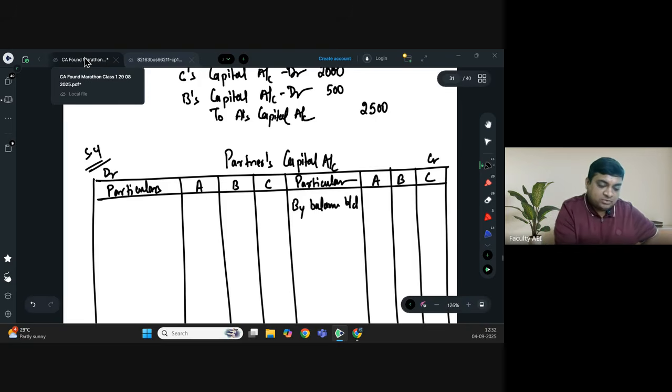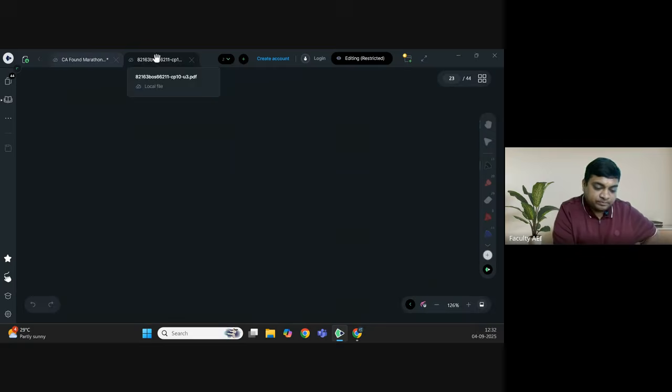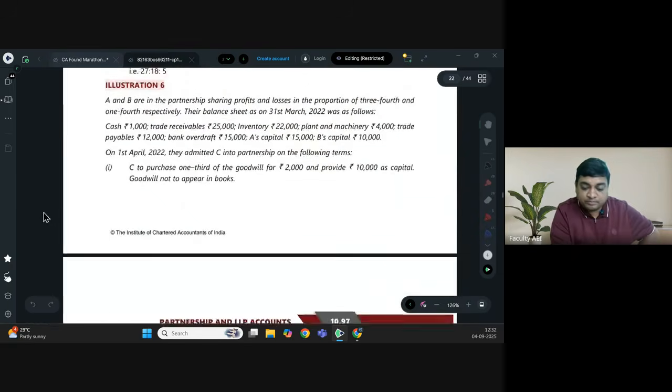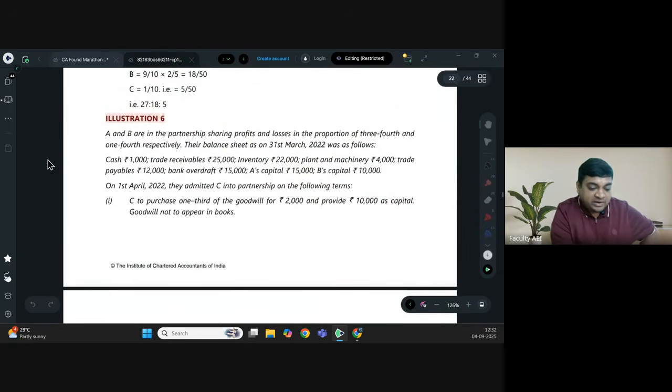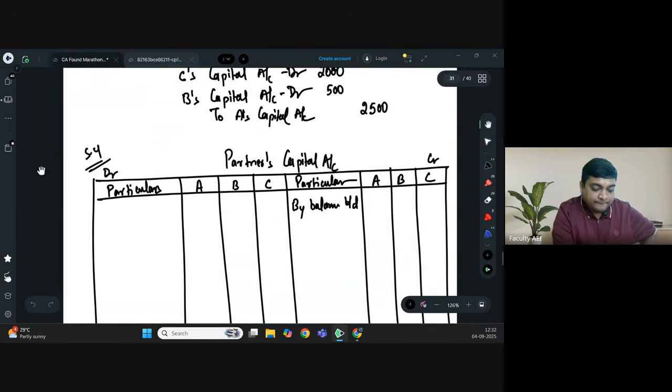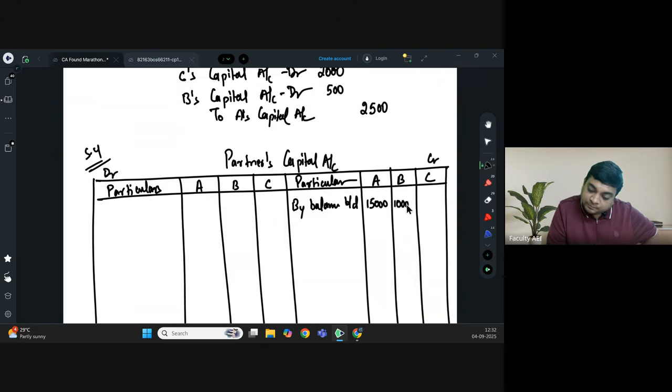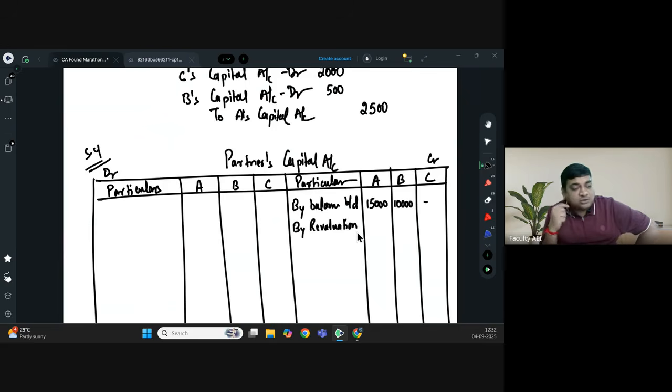What is the capital of 15 and 10, right? Revaluation profit is 3:2, right? Sorry, 3:1, old ratio.